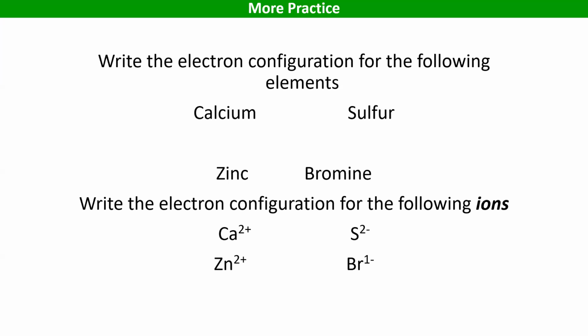Right, and that also creates some other weirdness, like the electron configuration for chromium. For chromium, we would expect it to be 4s2 3d4, right?